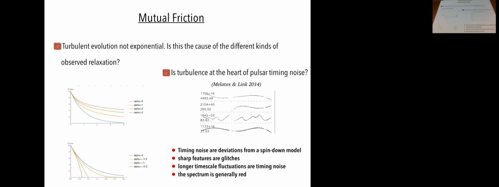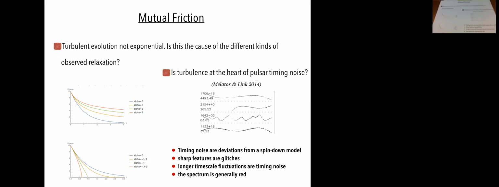And this could be an explanation for why we see different kinds of relaxations after different glitches, even in the same pulsar, because if the response in some cases is laminar and in some cases turbulent, then you have a rather different evolution of the frequency. And this could also be at the heart of something that's called timing noise.